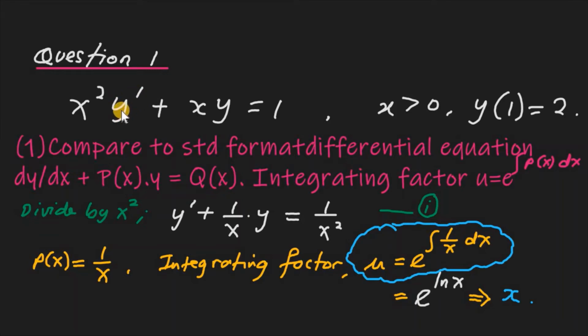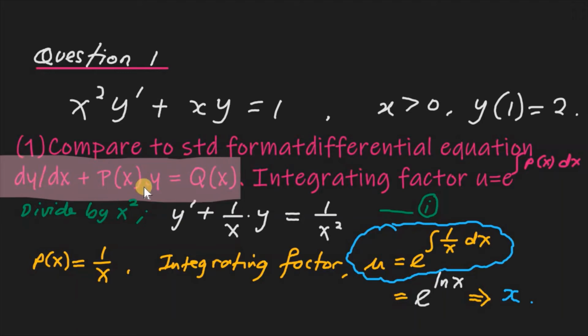In other words, you are not able to read your p from here. So you should rearrange it such that you get it in this format. Only with dy/dx alone are you able to recognize your p. So what we should do is divide everything by x squared.